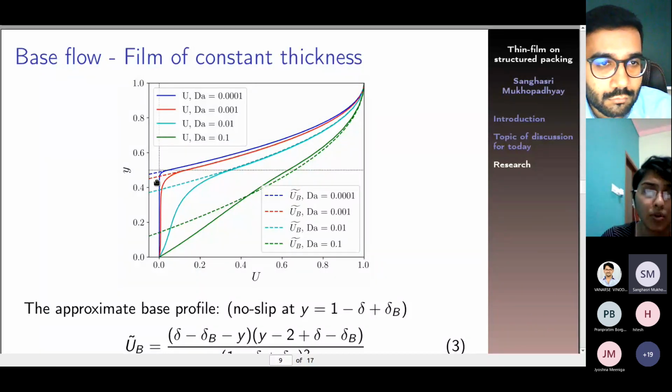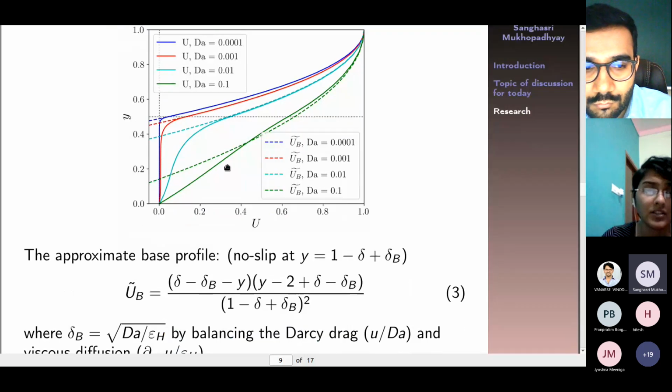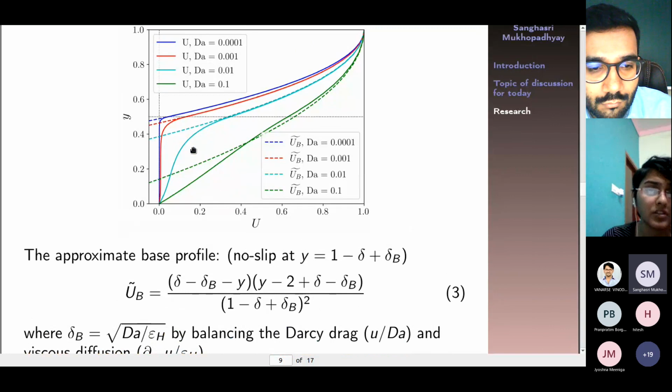So we have approximated this. It looks like we have the no-slip condition at this point, which is let's say delta B. We can easily calculate this delta B by balancing the Darcy drag and viscous diffusion terms. So we will get some values of delta B.